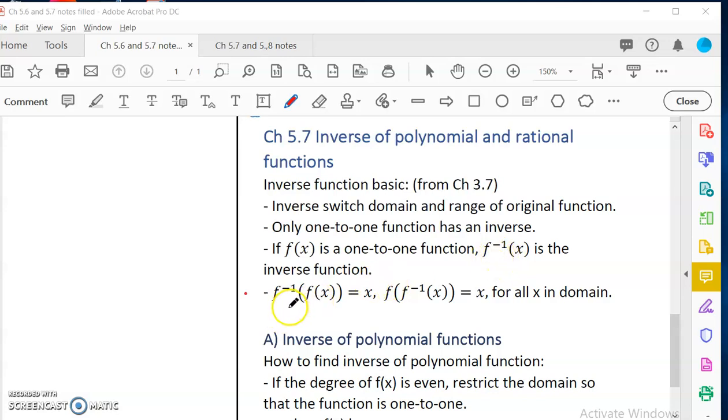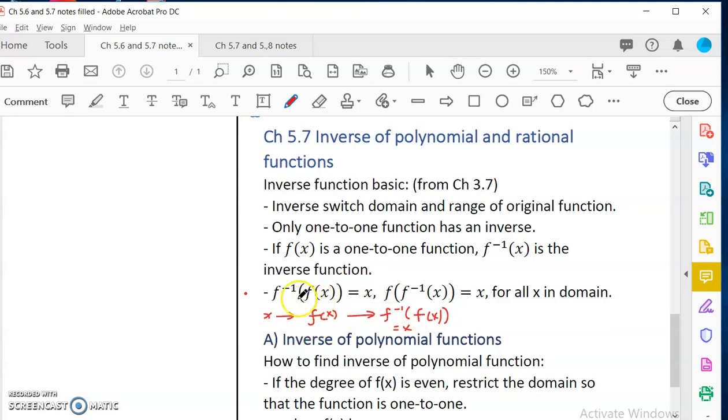The property of an inverse function is if you compose, so if you go from x into f, you put x into f to get f of x, which is y, and you put this whole thing into f inverse, f inverse of f of x, it turns out that this is actually x, because f inverse cancels everything that you have done in f of x.